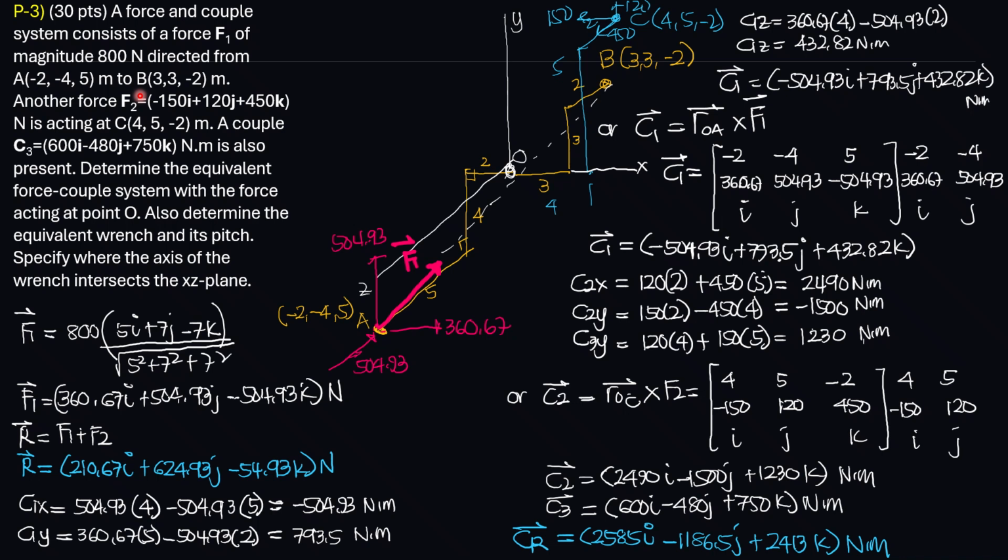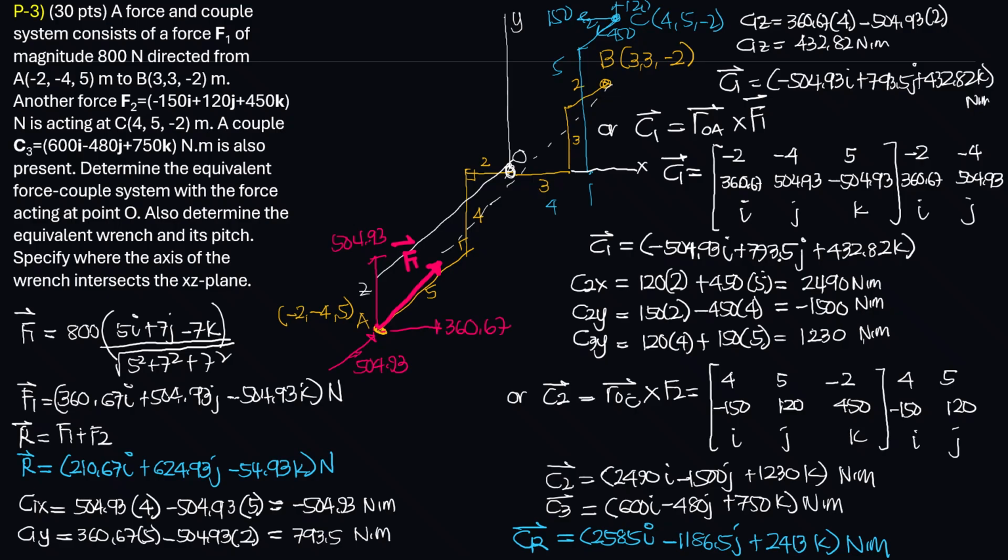Then couple 3, we just copy it here: 600 I minus 480 J plus 750 K. Therefore, the resultant couple: negative 504.93 plus 2490 plus 600, that's 2585 I. Then 793.5 minus 1500, then minus 480, that's negative 1186.5 J. Then 432.82 plus 1230 plus 750, that's 2413 K Newton meter. So that's the resultant couple.